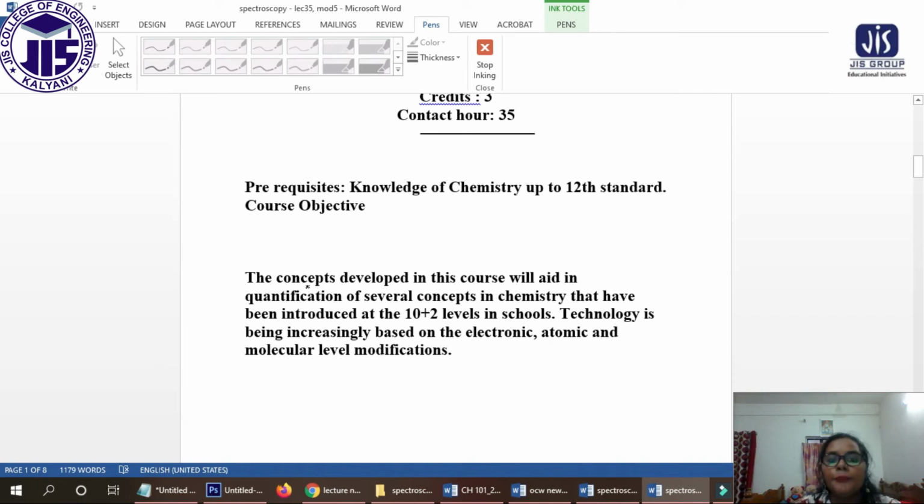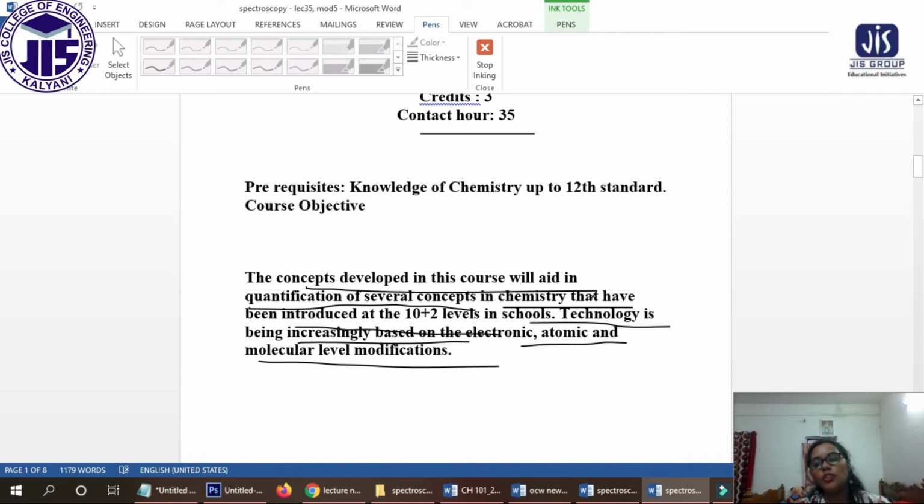The concepts developed in this course will aid in quantification of several concepts in chemistry that have been introduced at the 10 plus 2 level in school. Technology is increasingly based on electronic, atomic and molecular level modification. So this is the course objective.